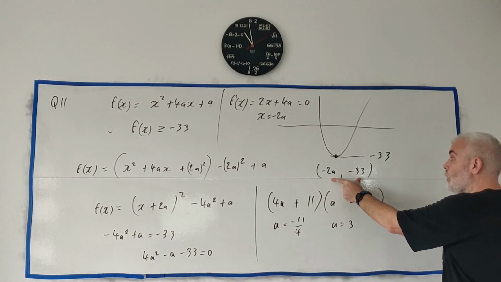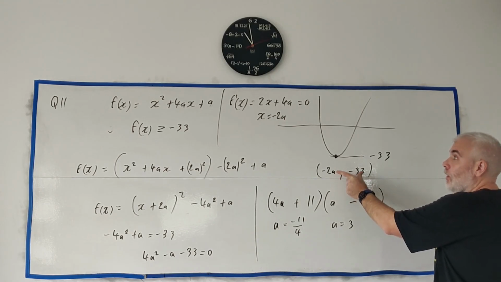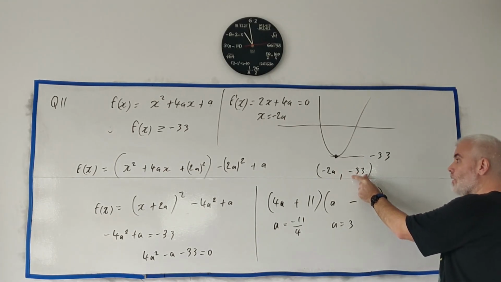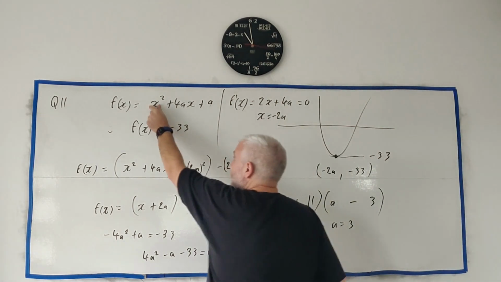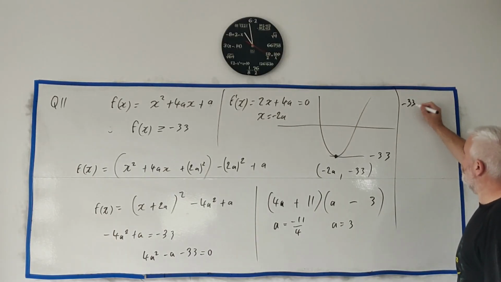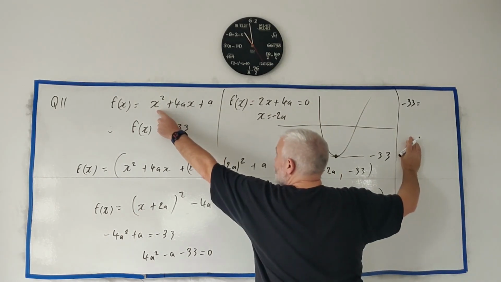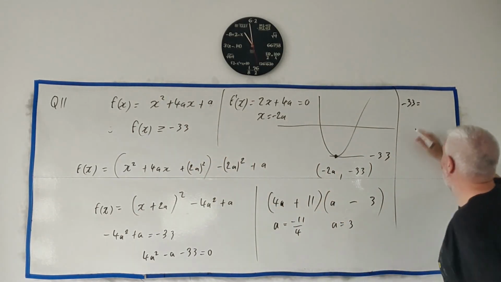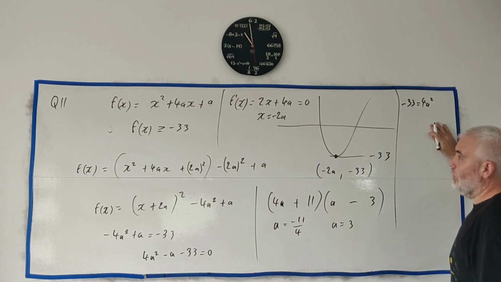Once you have this point here, remember what this is. This is the y part and the x part. x and y. Let me put this up here. It'd be minus 33 is equal to this squared. So minus 2a squared would be 4a squared.